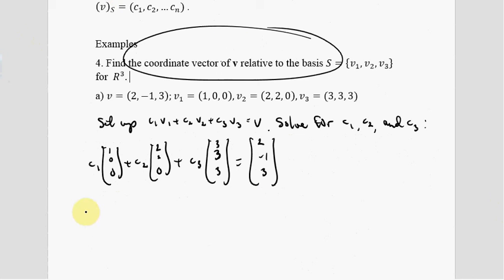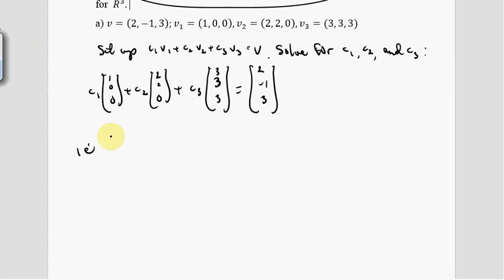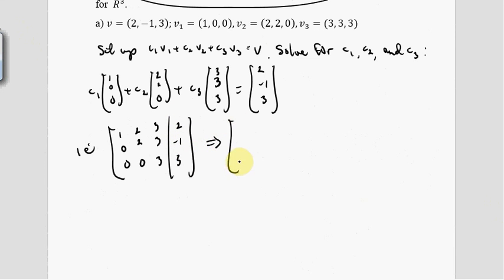Look, so I say here, that is 1, 0, 0, 2, 2, 0, 3, 3, 3, augmented with 2, negative 1, 3. This implies that when you solve it, you get 1, 0, 0, 0, 1, 0, 0, 0, 1, and 3, negative 2, 1.